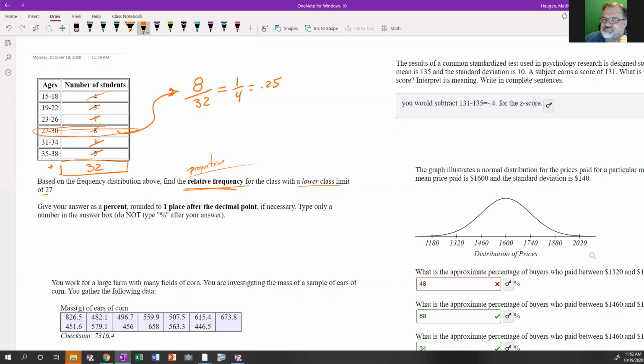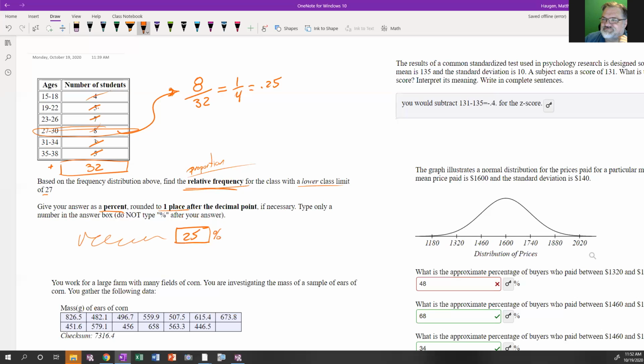They weren't all nice numbers like that. And I think, as I recall, there was a percent and it had a box, right? The relative frequency was 25. Type only, ask for the percent rounded to 1 decimal place.